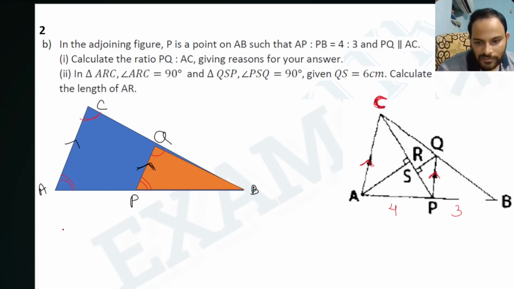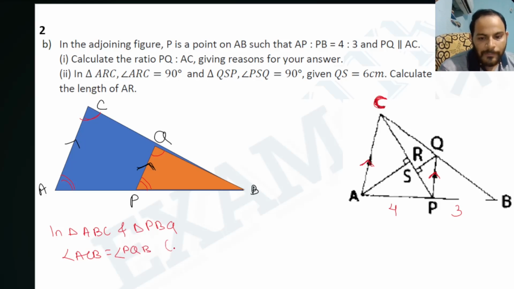So we'll write these two things that we discussed in triangle ABC and triangle PBQ. Angle ACB is equal to angle PQB. Why? Corresponding angles. And again angle CAB is equal to angle QPB. The same reason, corresponding angles.